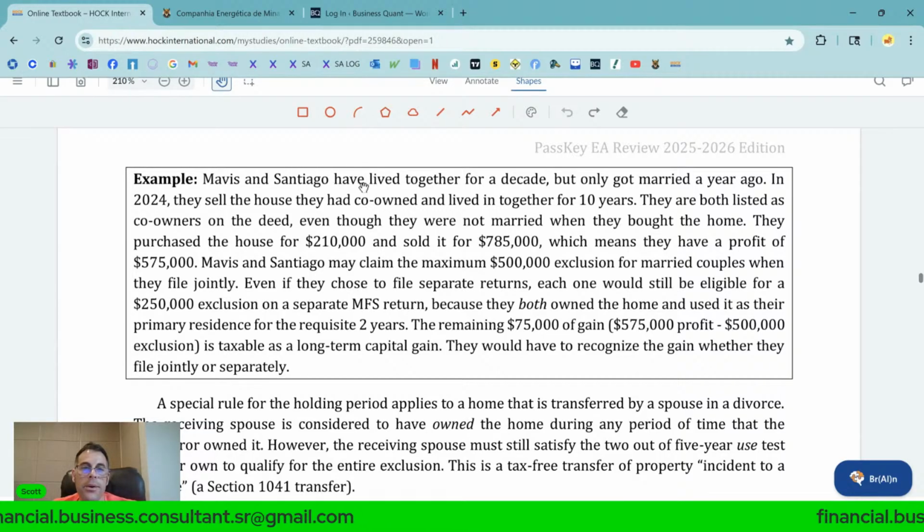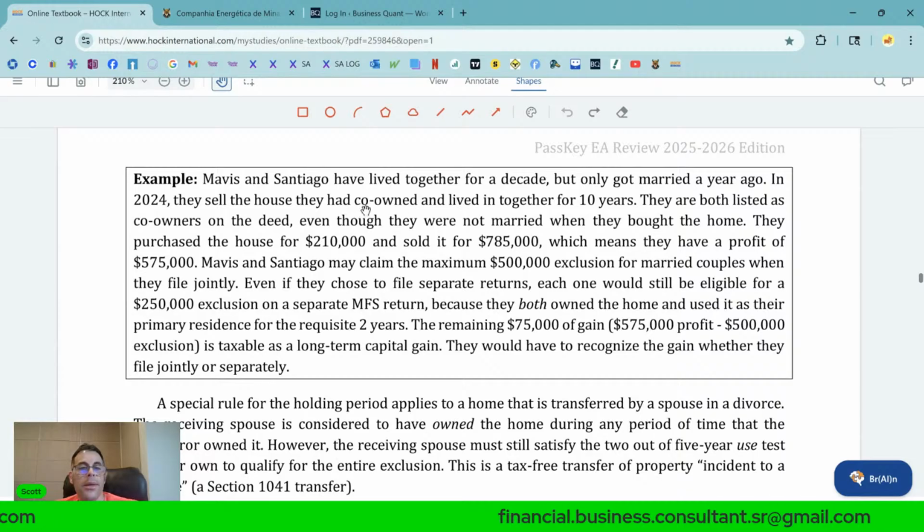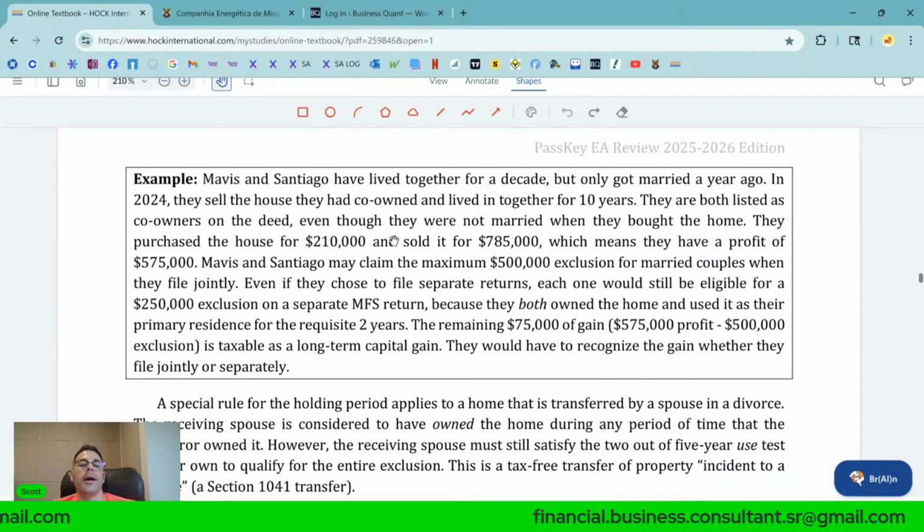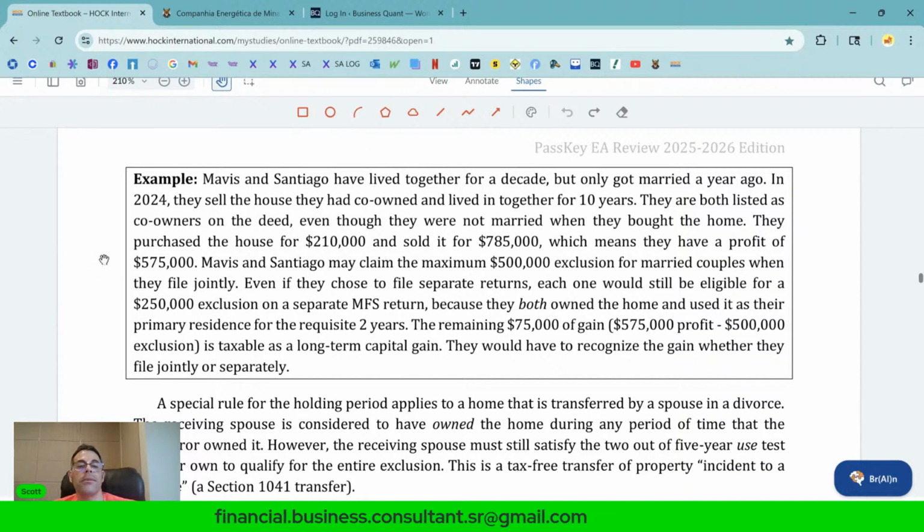So Mavis and Santiago have lived together for a decade, but only got married a year ago. They sell the house they co-owned for 10 years. They're both listed as co-owners on the deed, even though they were not married. They purchased the house at 210, sold it for 785, a profit of 575.